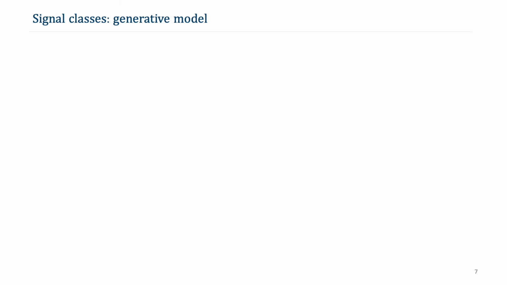This leads us to consider what we call a transport-based generative model for signal classes. Let's suppose we have a class which we call class P here, and let's imagine that this class P is a class of signals that are made up via the composition of a given template. Maybe this template in a real situation may be unknown, but we'll imagine that there exists a template which we call P naught.